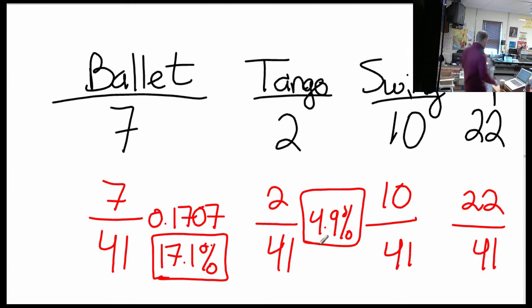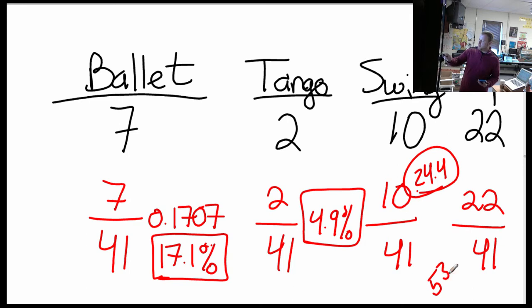Or you just move it. 10 divided by 41. 24.4-ish percent. 22 divided by 41. We'll keep this one 53.6-ish. I know we should probably round it up a little bit, but we're not going to.